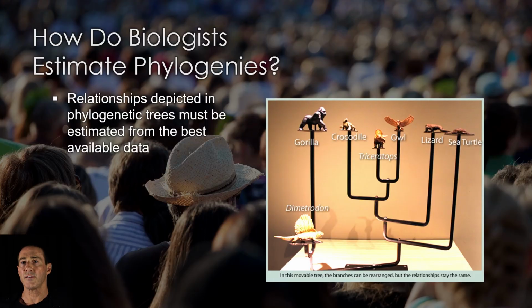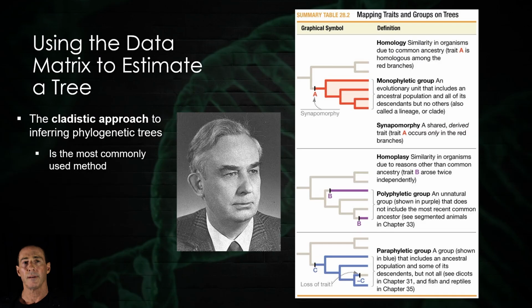The historical relationships among species cannot be known with absolute certainty. So the relationships depicted in phylogenetic trees must be estimated from the best available data. The most commonly used method of inferring phylogenetic trees, called cladistics, was introduced by German biologist Willy Hennig in the 1960s.